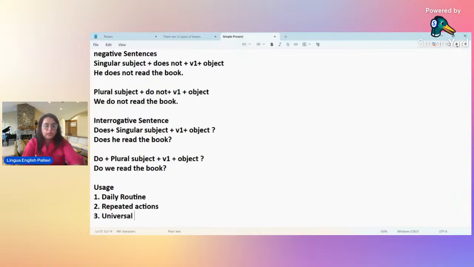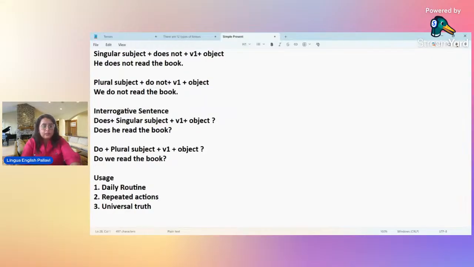Universal truth is something that stays the same, that doesn't change in present, past, future, like the sun rises in the east. The sun rises in the east. That is a universal truth. In present we say the same, the sun rises in the east, in the past also and in the future also. I believe till here the simple present tense is very clear to you.